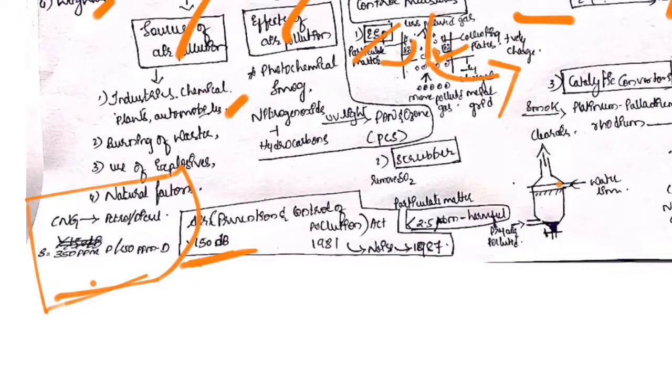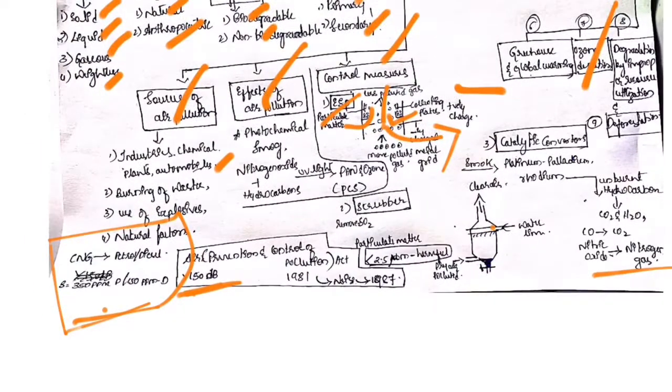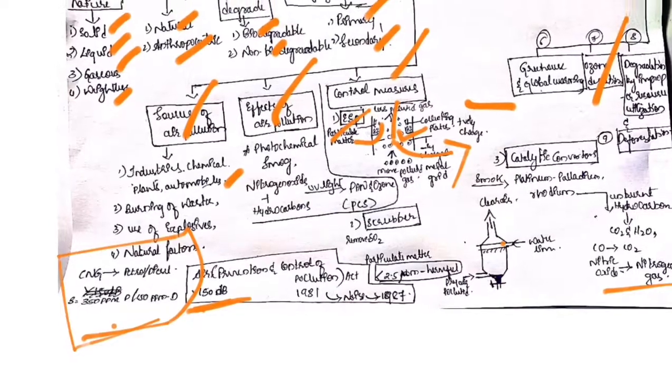Also, the sulfur content in diesel is limited to 350 parts per million, and in petrol it is limited to 350 parts per million, and in diesel it is limited to 150 parts per million. These are some of the measures taken by the Delhi government to control air pollution within the city.